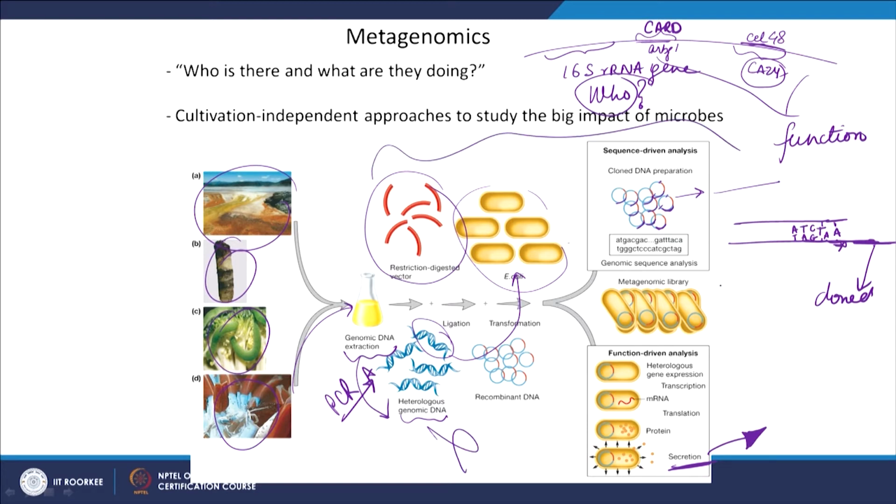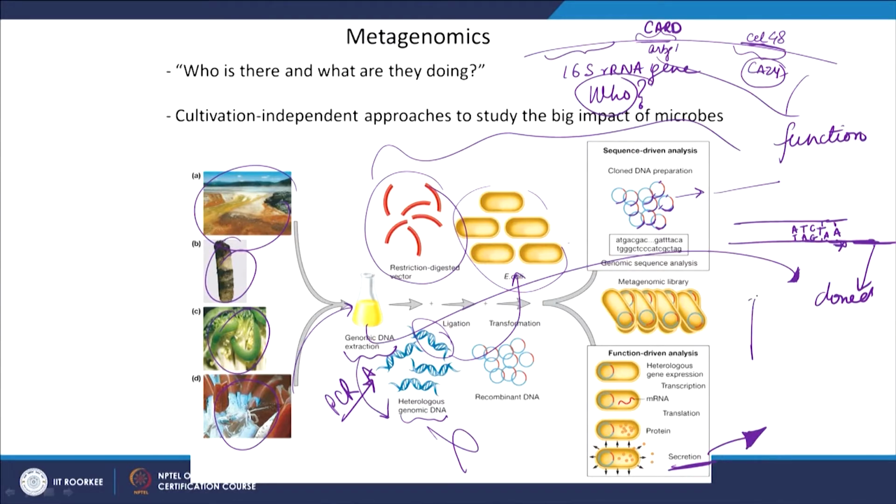Remember, cloning takes nearly 1 day to set up, and then you have to leave them overnight, and then you send them for sequencing, and then you get your data, and then you look at your data using your tools. It takes at least 3, 4, 5 days, depending on what kind of resources are available to you. But in metagenomics we skip all these steps, and we go from genomic DNA extraction directly to quality check, quality control, and then you can send it to your sequencing agency, and then they will do the next steps for you, which don't look like this.